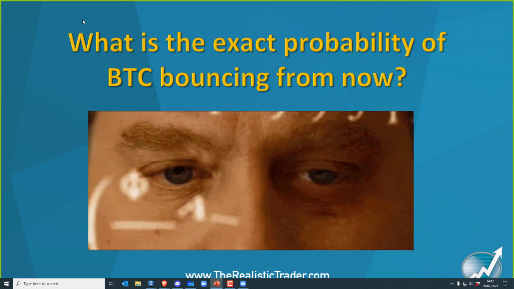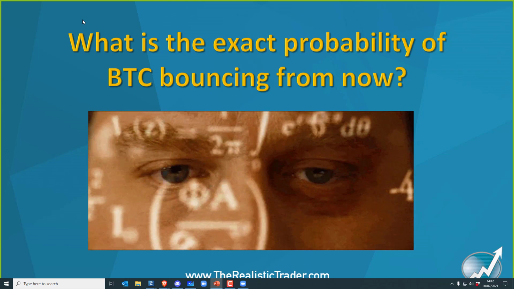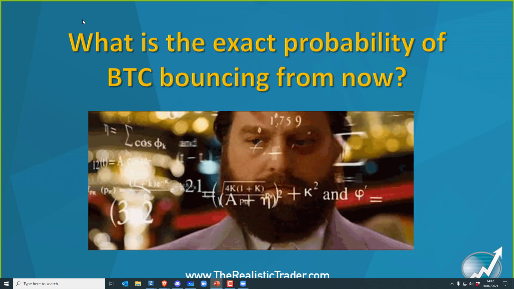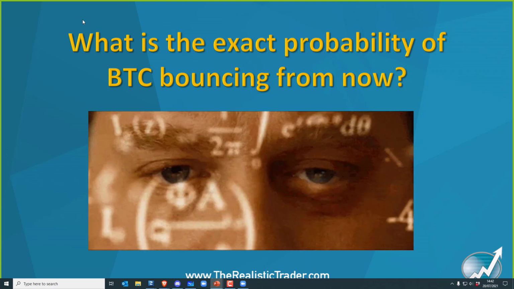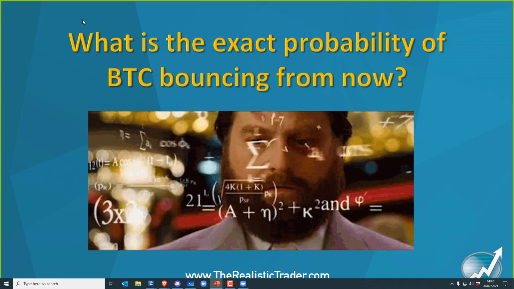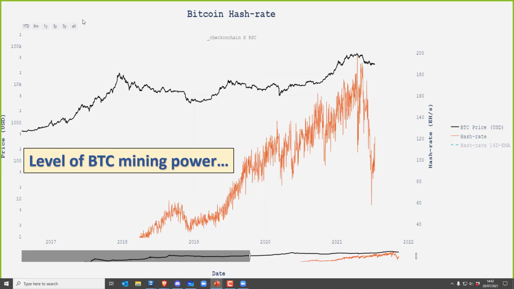You can look at the whole of Bitcoin's price history, see where it is now, and go, right, statistically there is an X% chance that it'll go down or go up. Now, again, here is my warning caveat. I'm going to literally bombard you with a bunch of slides now. Don't worry if you can't remember all of them.